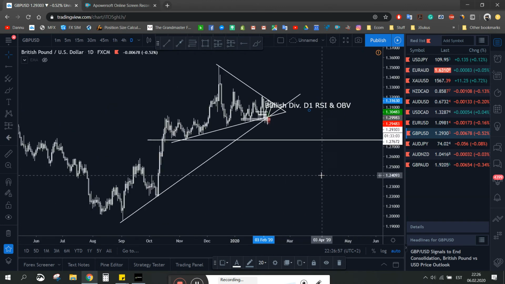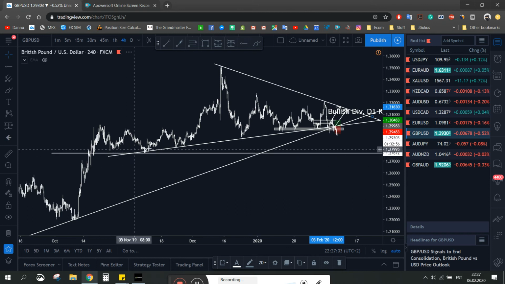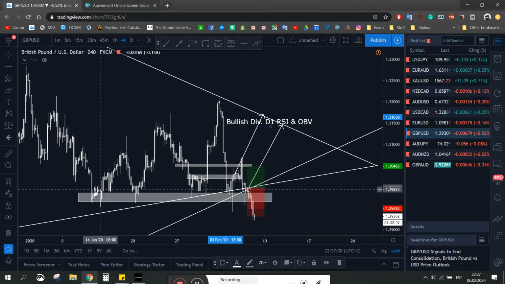Looks like we are in an uptrend on the daily, and even on the 4 hour, you can see an uptrend here. And price has tried to break this level like 1, 2, 3, 4, 5, 6, 7, 8 times.